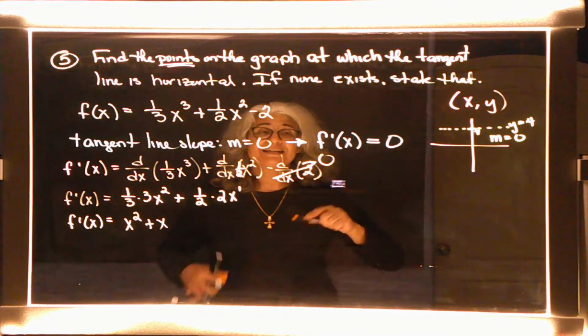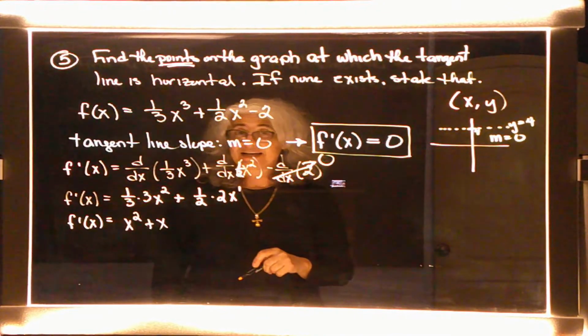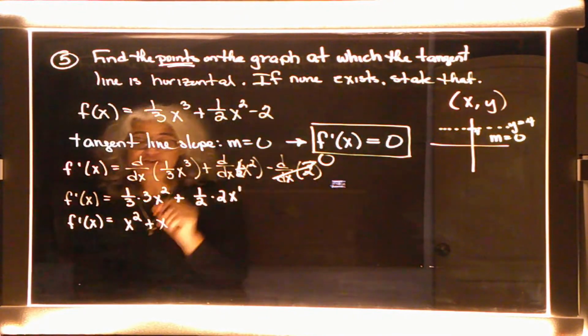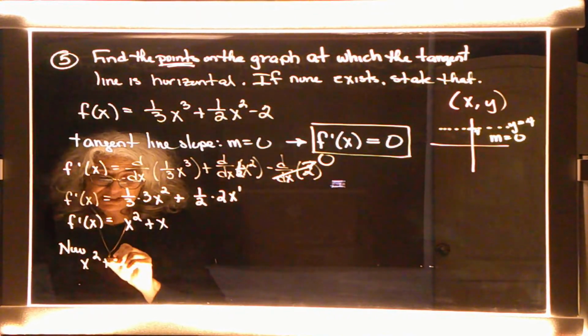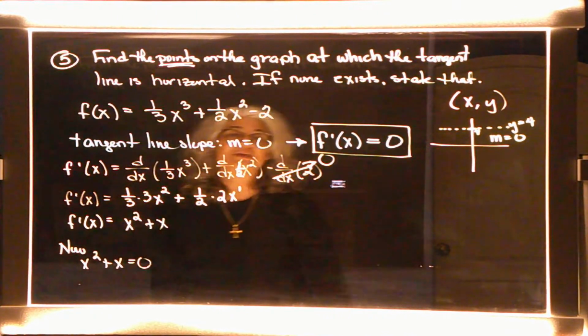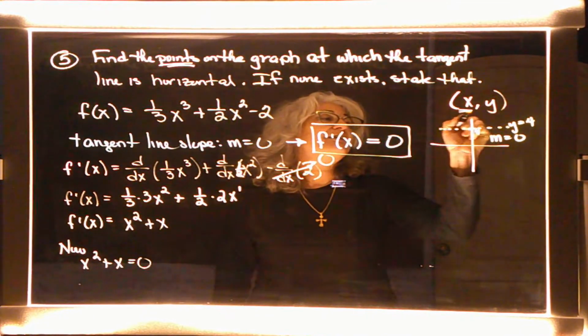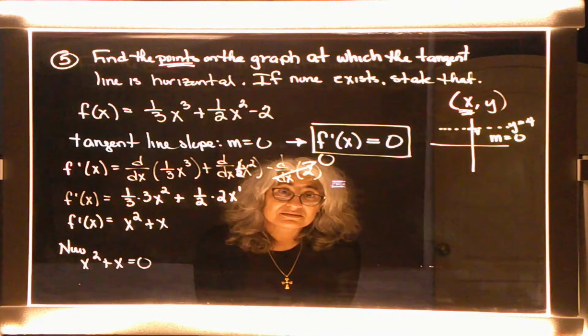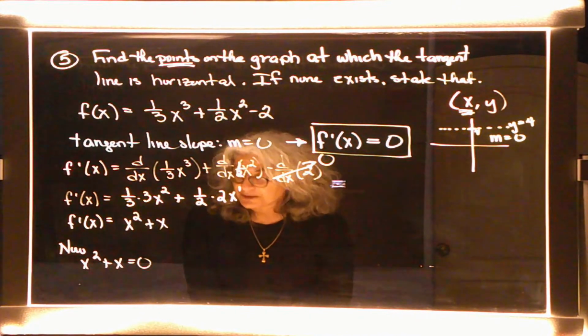And we said, because the tangent line is horizontal, that the derivative is 0, which means that x squared plus x must equal 0. This is how you find the x's in your point. Cool? Okay.